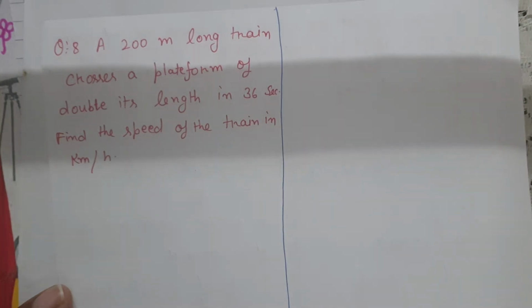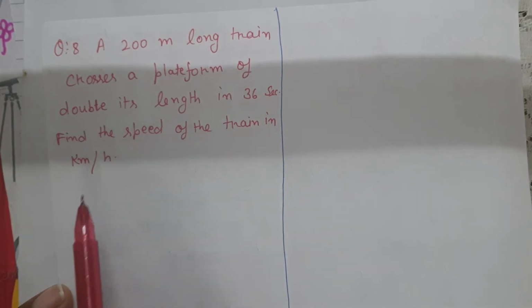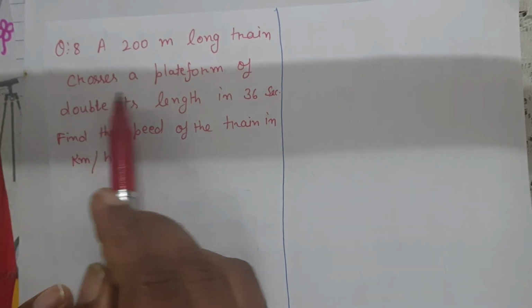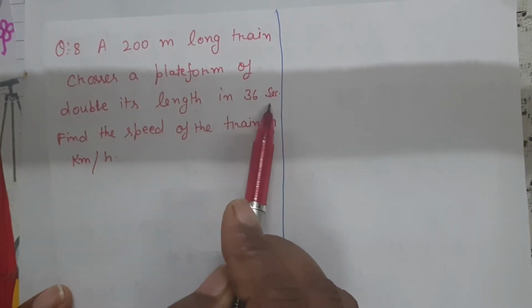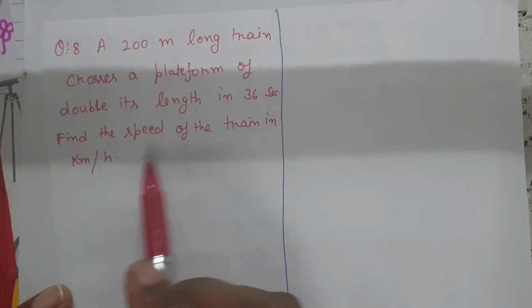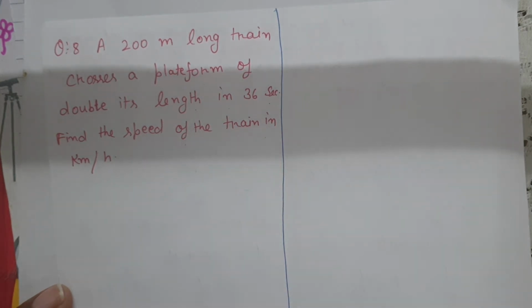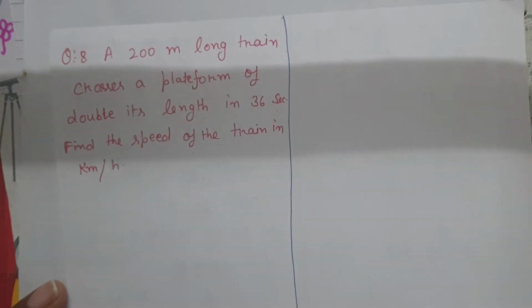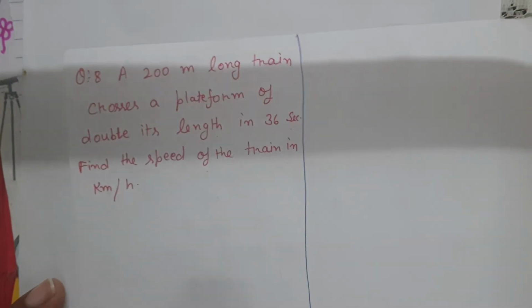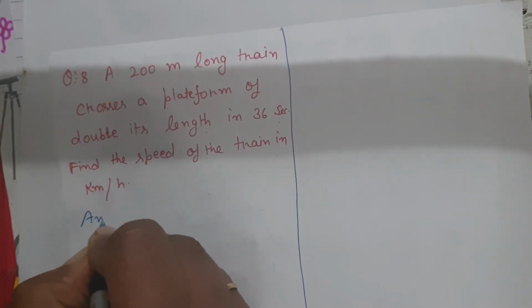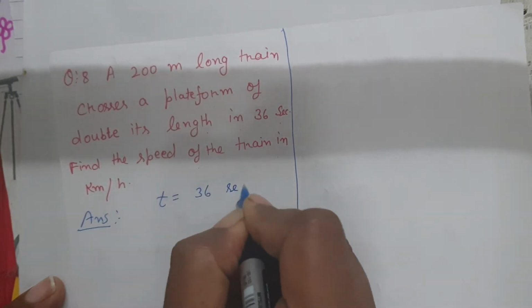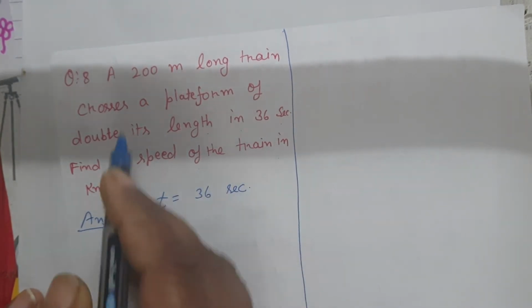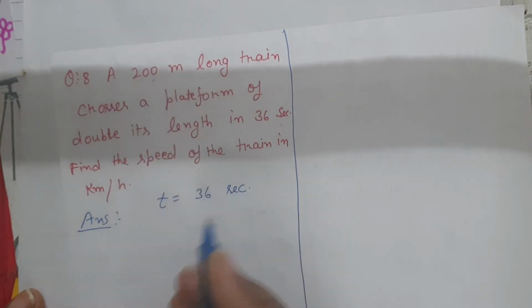Question number 8: a 200 meter long train crosses a platform of double its length in 36 seconds. Find the speed of the train in kilometer per hour. The time is 36 seconds, and we know the train is 200 meters long.